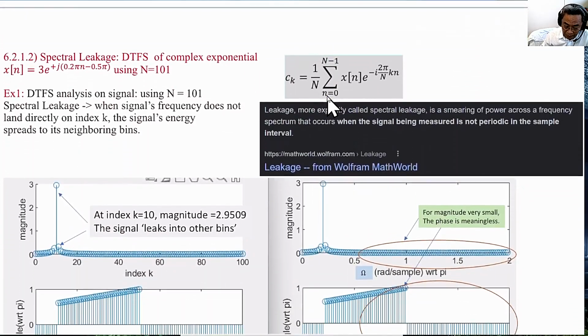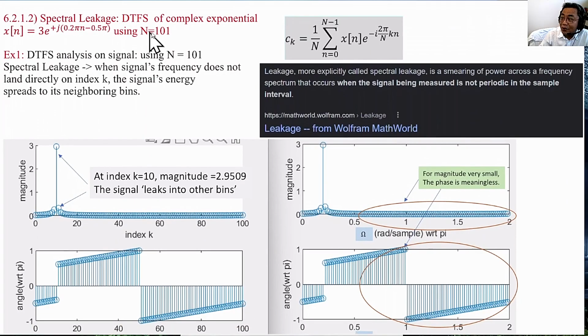Now we're going to do something slightly different. We're going to use N equals 101 now. You realize that when we go from N equals 100 to 101 for this particular complex exponential, something strange will happen.